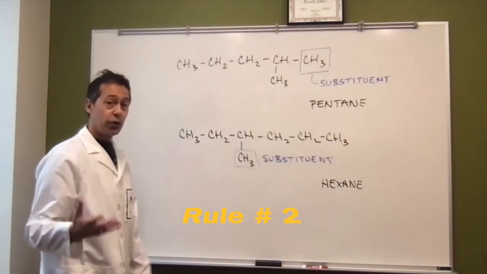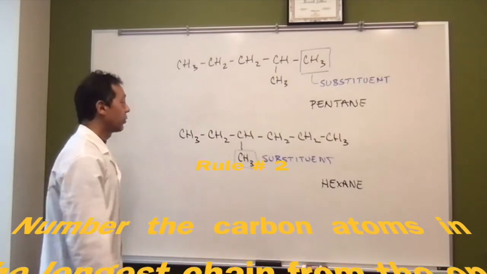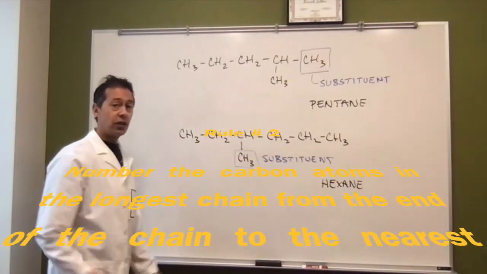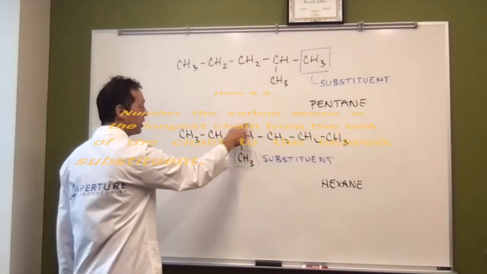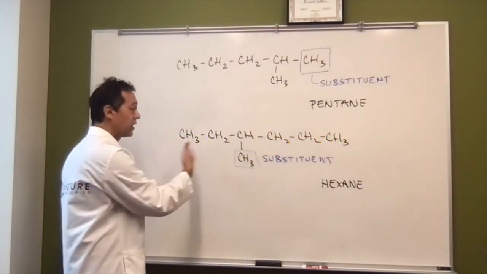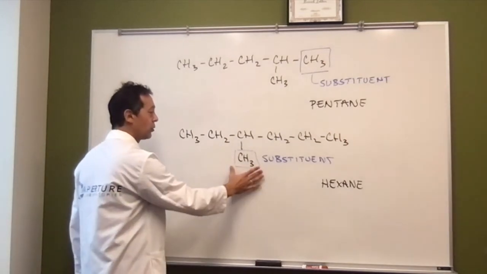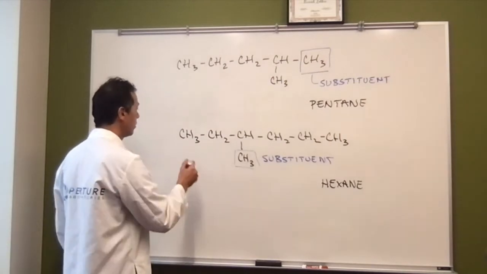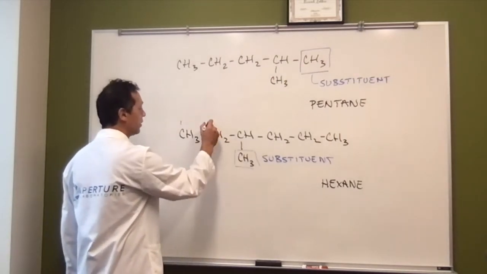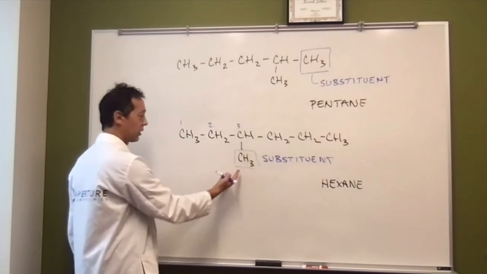Now, rule number two is we're going to number the carbon atoms in the longest chain, like carbon atom 1, 2, 3, 4. And we want to number them so that this substituent has the lowest possible number. So for example, I could go carbon atom 1, 2, 3, okay?